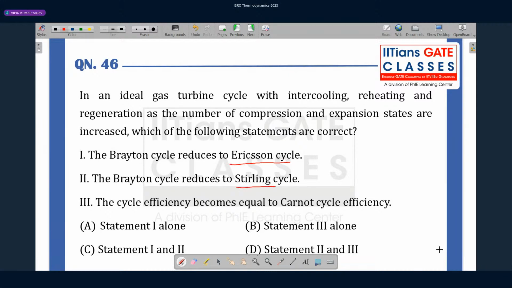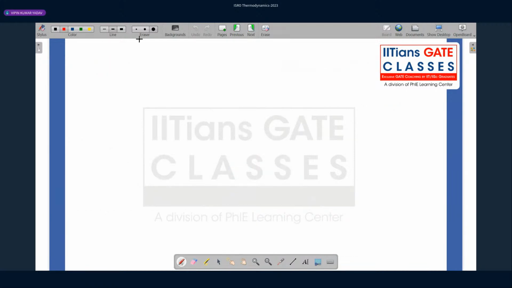So first of all, you have to understand one thing. What is the Ericsson cycle? I am not drawing it, I am just telling you. The Ericsson cycle has two isothermal processes and two isobaric processes.